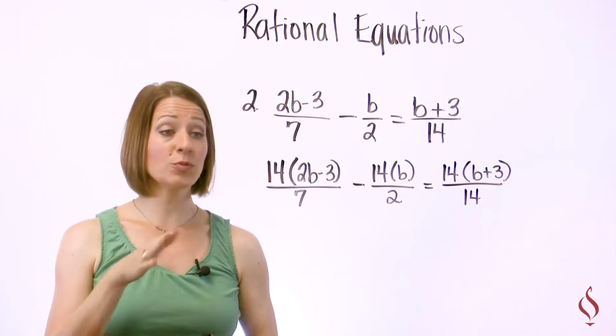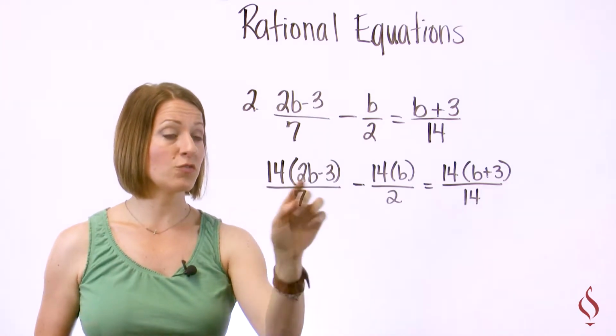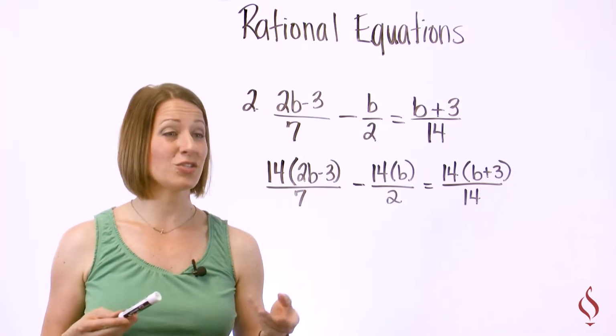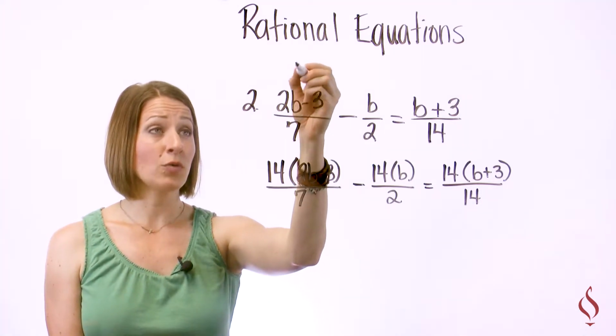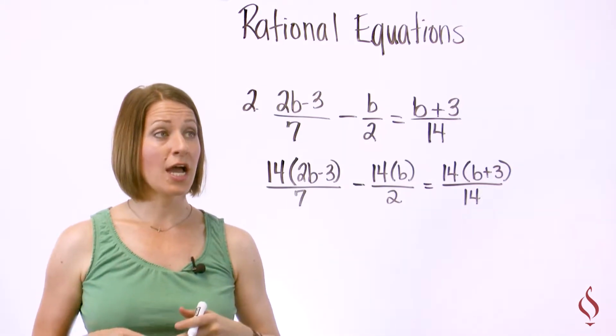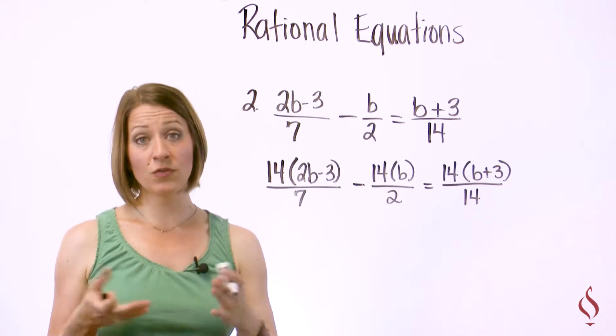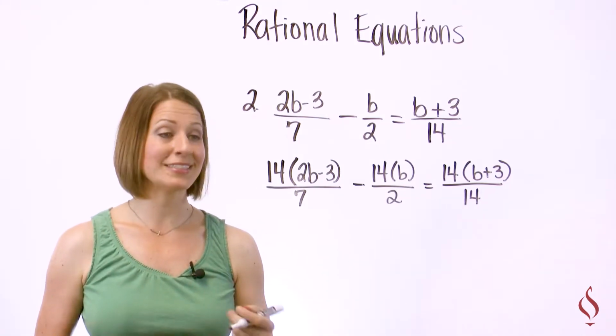So if you feel comfortable going just straight to this step by just writing the 14 next to each numerator, that's great. In the previous example, I had you write the 14 in parentheses above each part. That's okay too, but if you feel okay just to kind of start at this step, go for it.